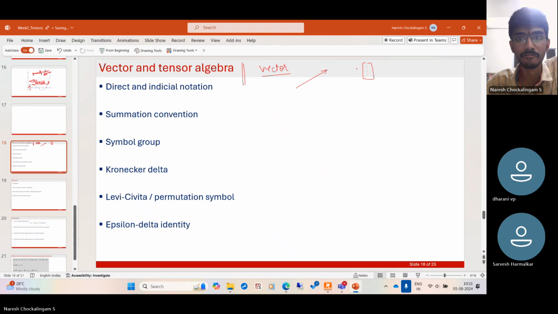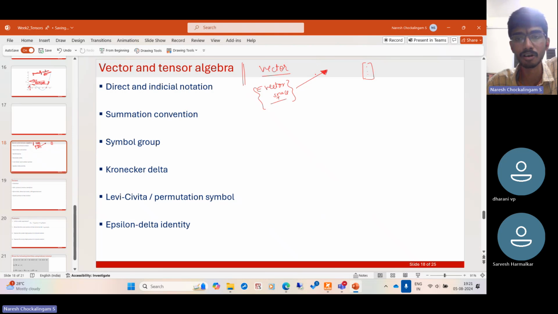In physics, people define it as a directed line segment. In school days, you would have learned of it as something that has a magnitude and a direction. And in hardcore mathematics, a vector is just a member of a vector space, a special set with certain nice properties, but we are not taking that approach. Sir has not taken that approach in this course, but we can also do continuum mechanics with that.